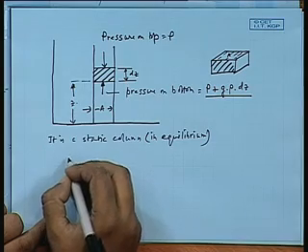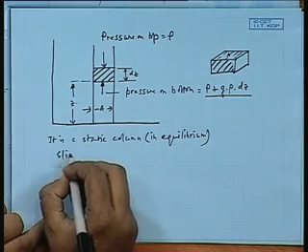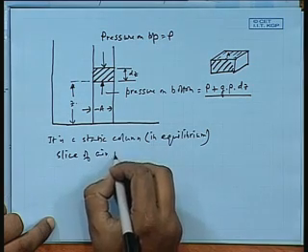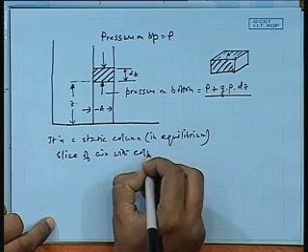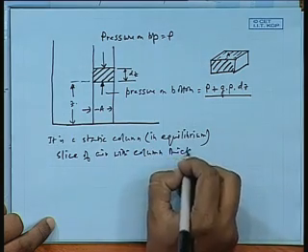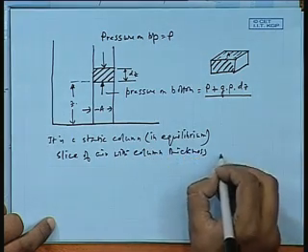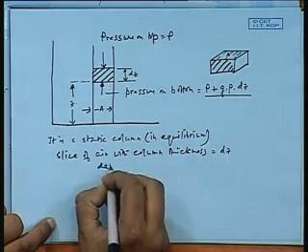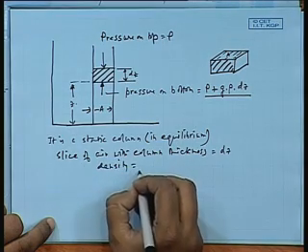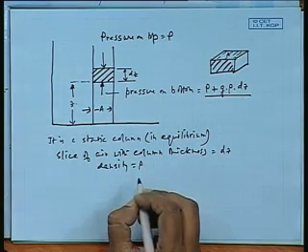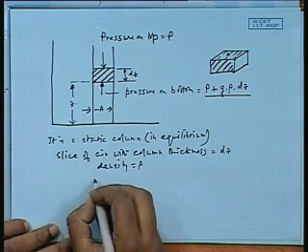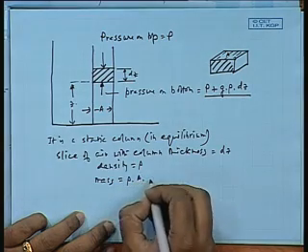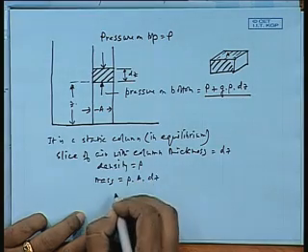This slice of air has column thickness dz and density rho, and the mass, as you can see, is equal to rho into A into dz.